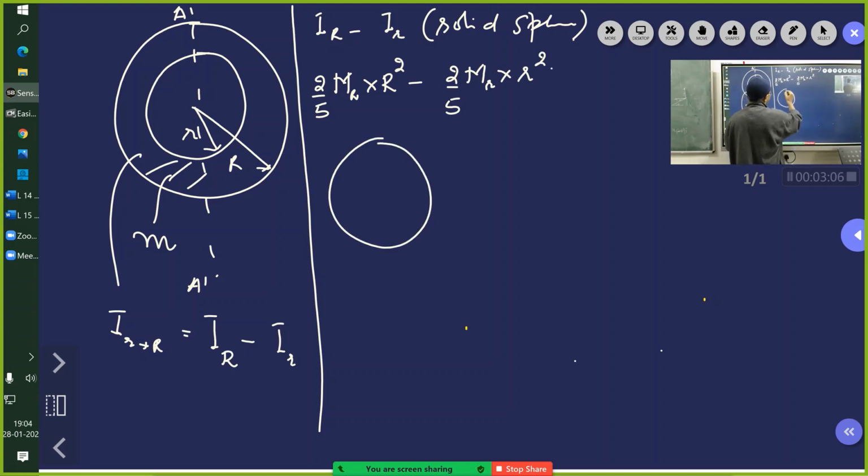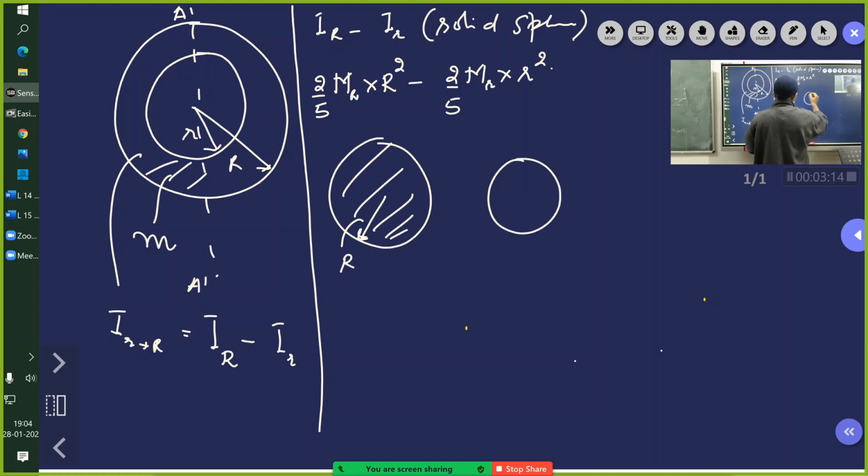This is the bigger sphere of radius capital R, and then you have the smaller sphere of radius small r. If you take the moment of inertia of this minus that of this, I think we will get the answer.